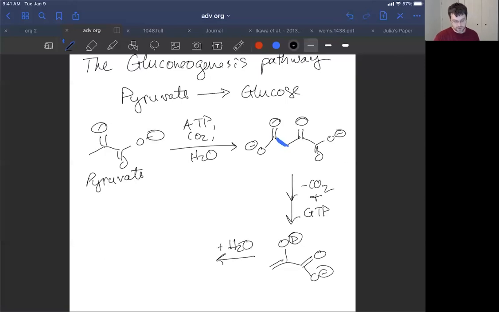Before, it was eliminated to make the double bond; we're going to add it back in to remake the hydroxylated species. And so that looks like this. And you can think about that as though we're doing like a beta addition to a carbonyl, if you want, with a hydrogen transfer at the end.